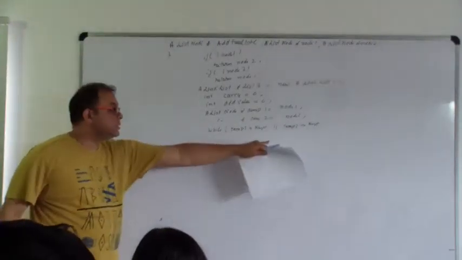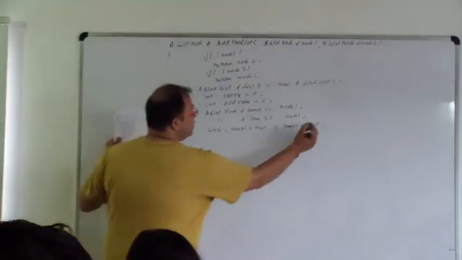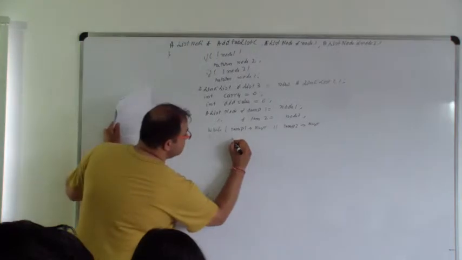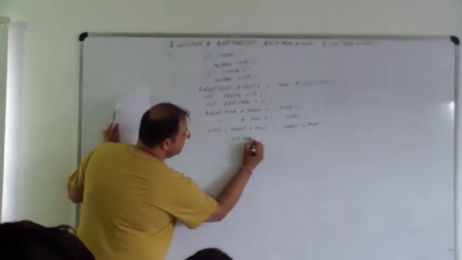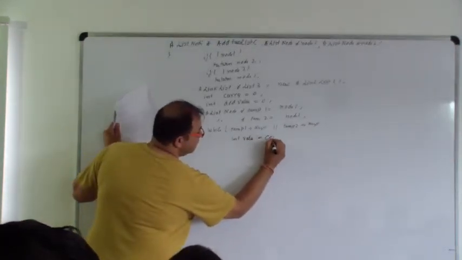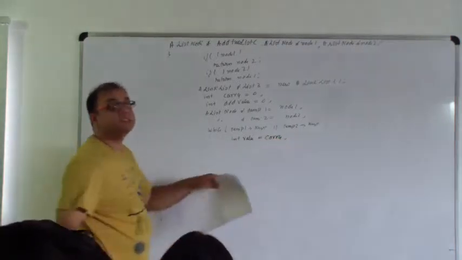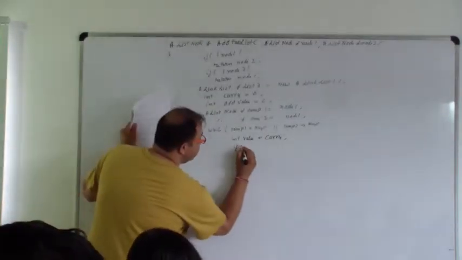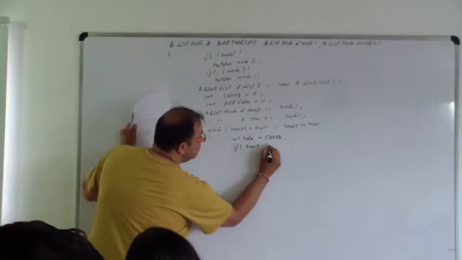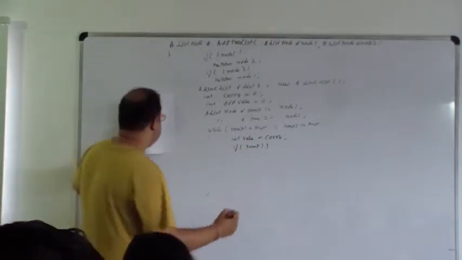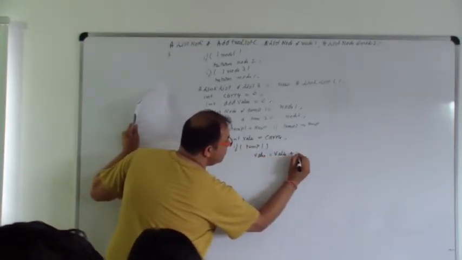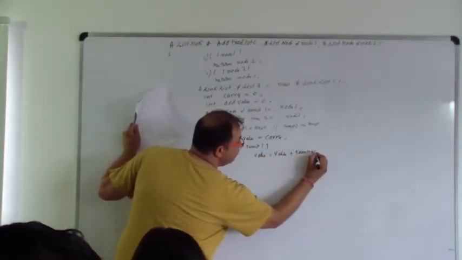While temp 1 arrow next exists or temp 2 arrow next exists, what we will do is we will say integer value is equal to carry. We will first take a carry, add it, and then we will check if temp 1 exists, then we will say value is equal to value plus temp 1 arrow data.